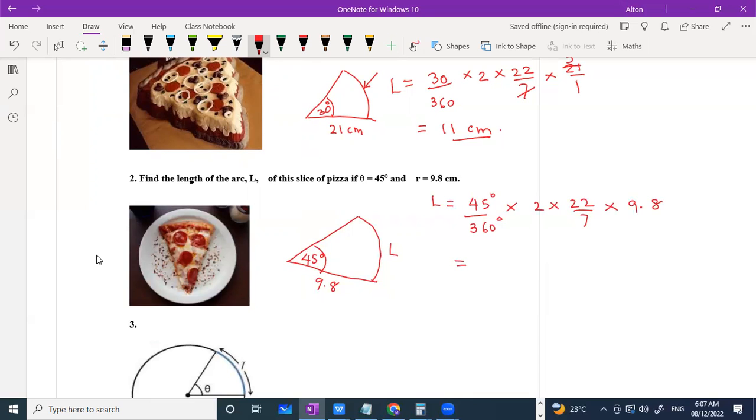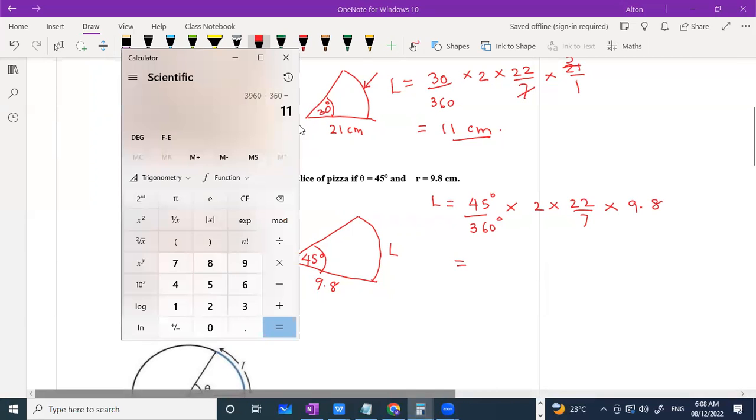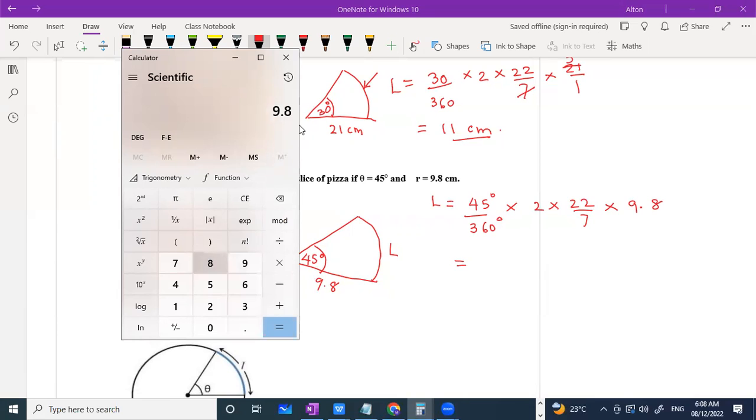And we will do that calculation on our calculator. Let's work it out. So we're going to divide 9.8 first by 7. 1.4 multiplied by 22 will give us 30.8.